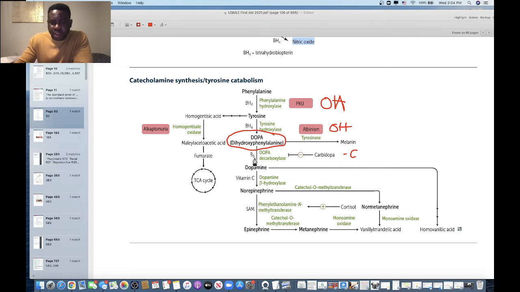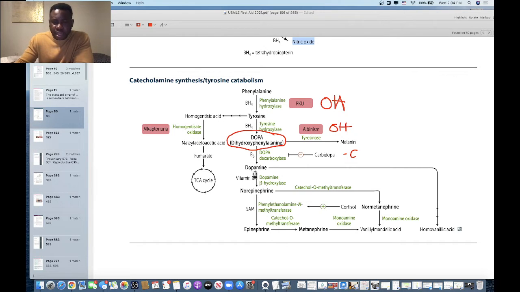It's mediated by vitamin B6. Take note of this because it is very highly tested. If I were you, I would keep these two steps as very important. We have to know all the cofactors. For the first step it is BH4, tetrahydrobiopterin, and here it is B6.